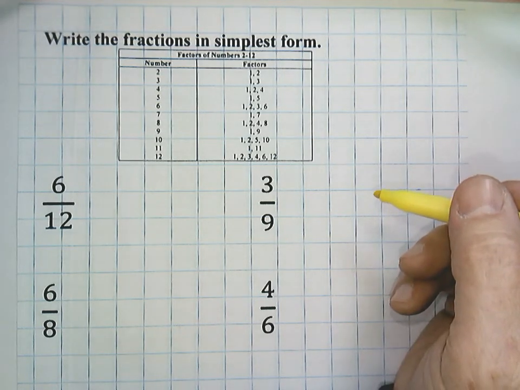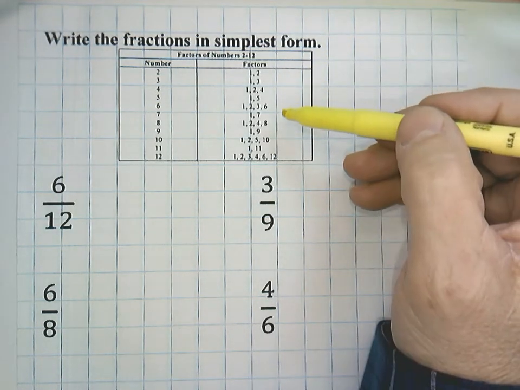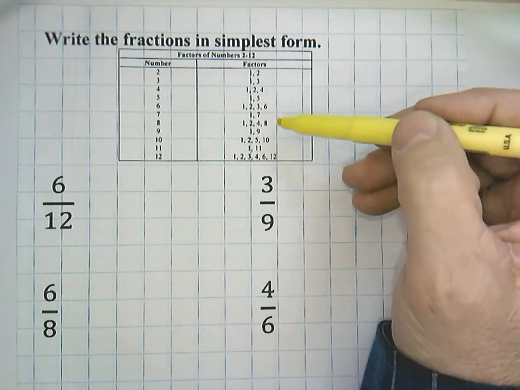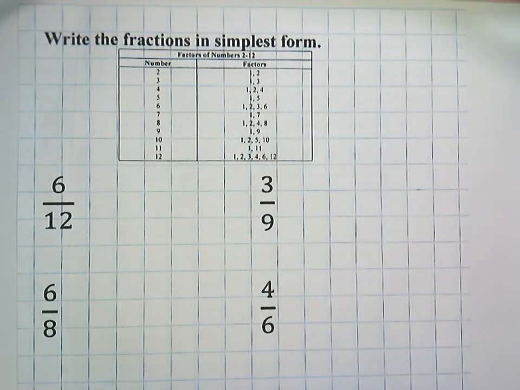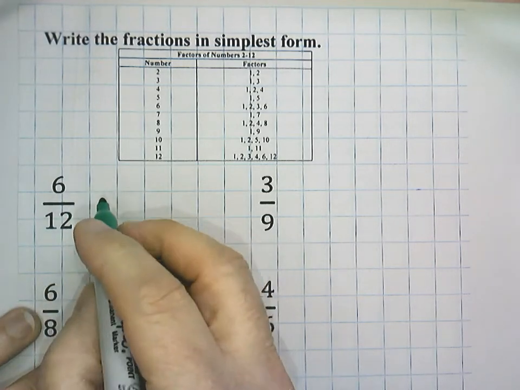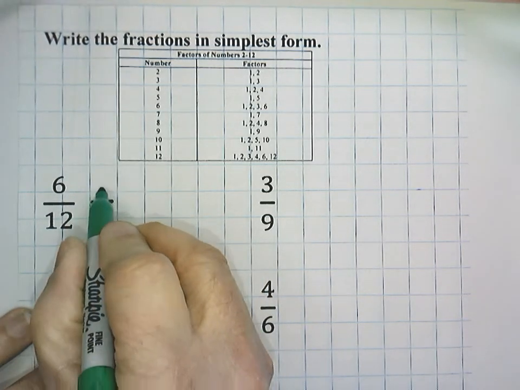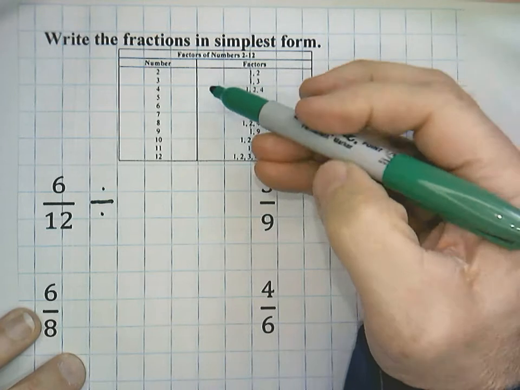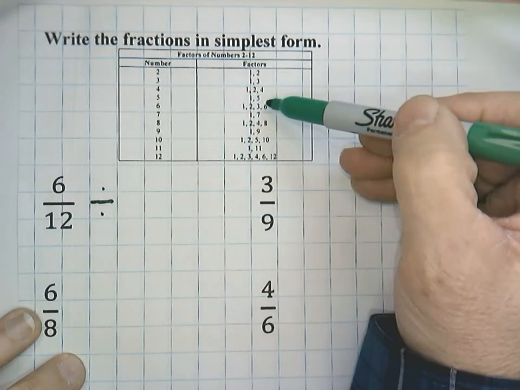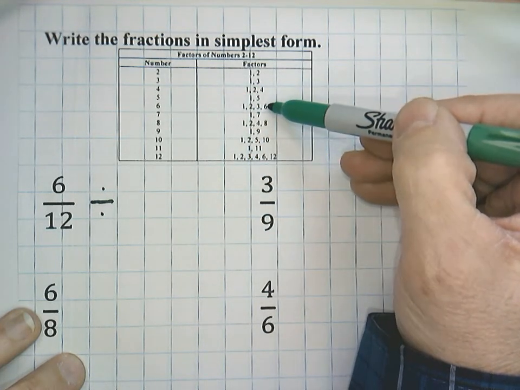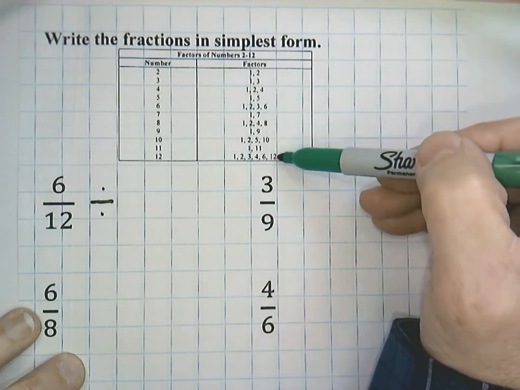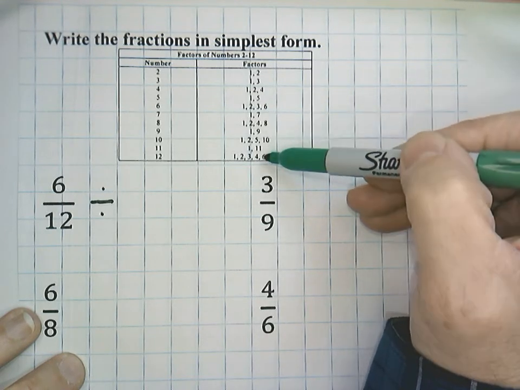Write the fraction in simplest form. Just have this little model. Remember that we're going to use this for our greatest common factor. 6/12. Remember we said we're going to divide. And the greatest common factor between 6, which is 1, 2, 3, and 6, here's our factors for 6, and 12 would be the 6.